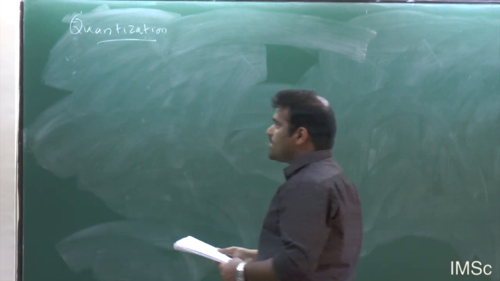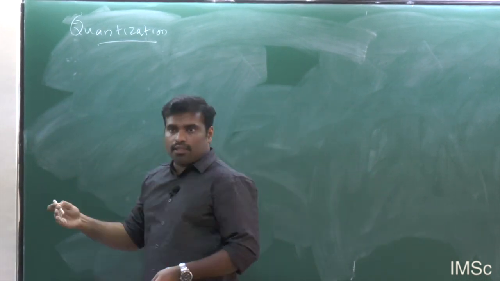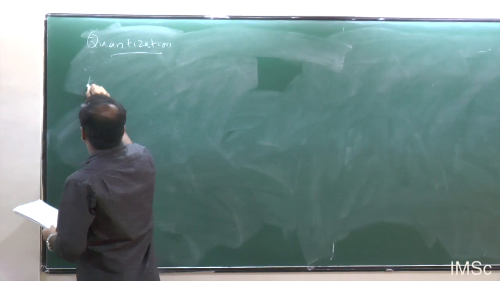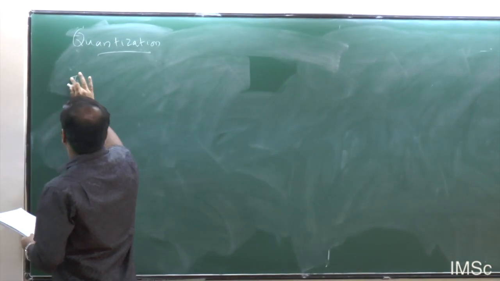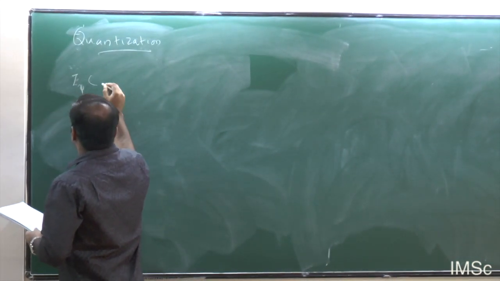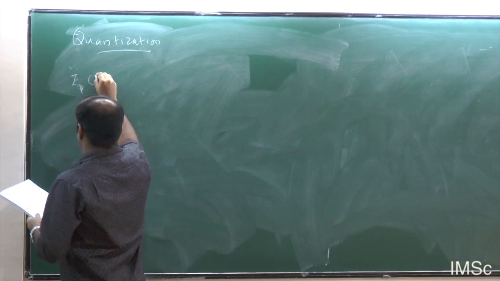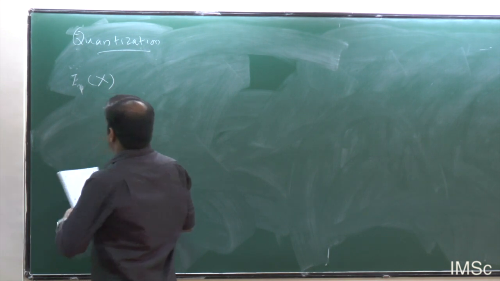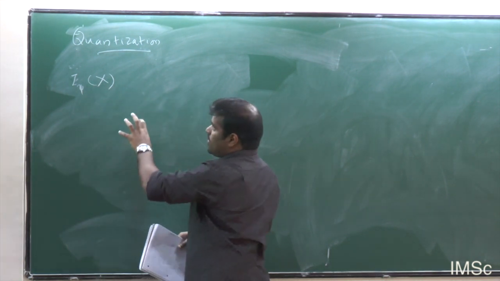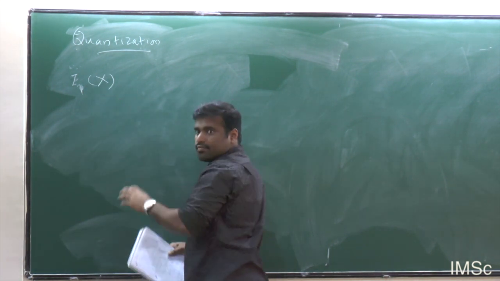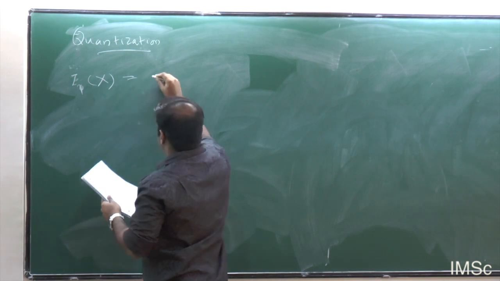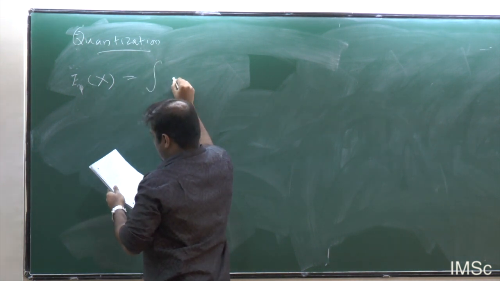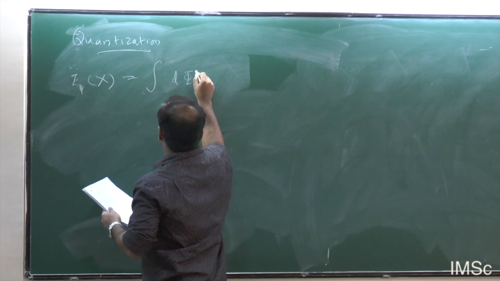So to do the quantization, we have to write down the path integral. Let me denote the gauge fixed path integral by I psi. Say inside the path integral, I introduce a functional or field X. Then the definition is given by the usual path integral definition.